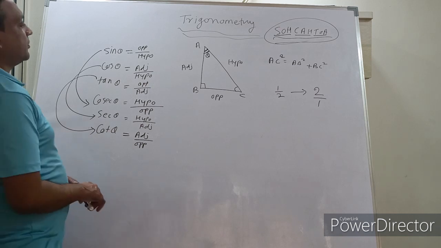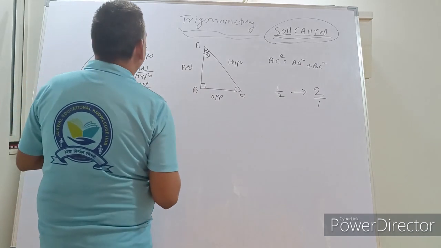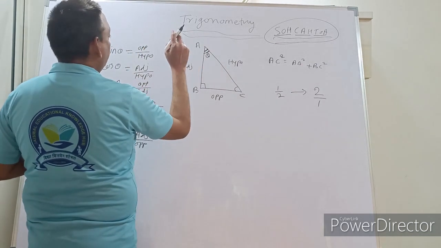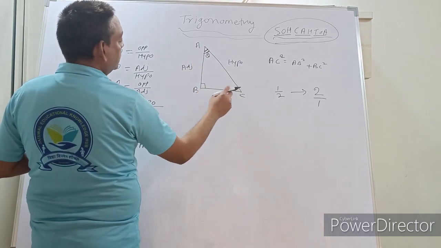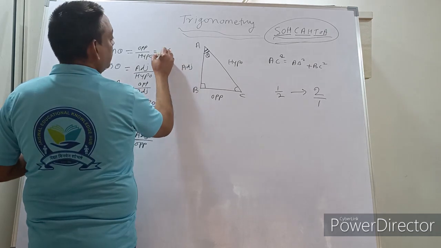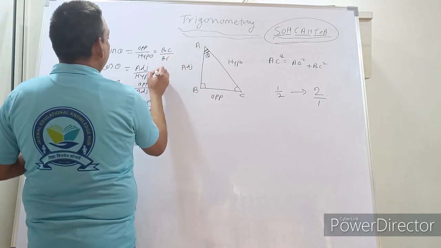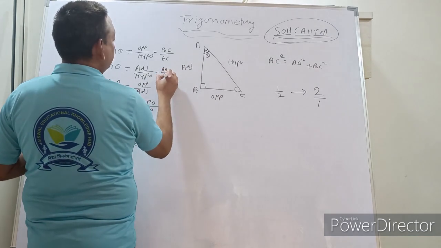Now suppose we have the triangle ABC. From this triangle, if we take theta as angle A, sin theta will be opposite, that is BC upon AC. Then cos theta is adjacent, AB upon AC.